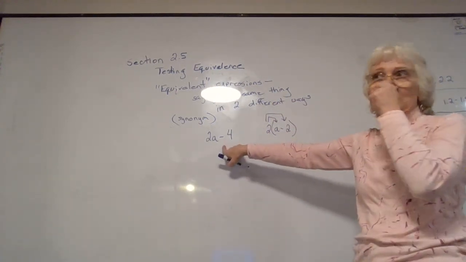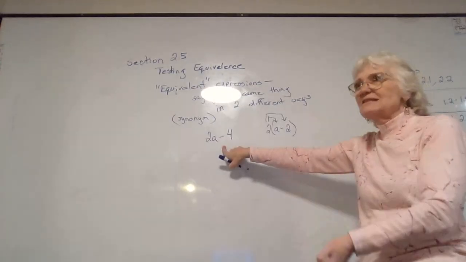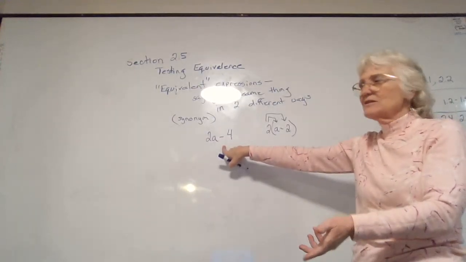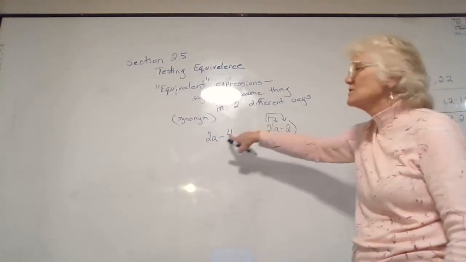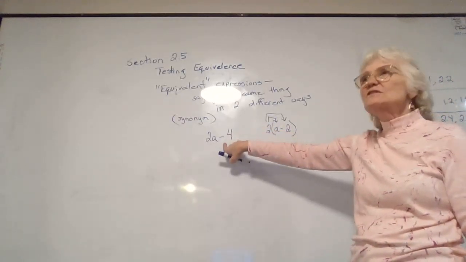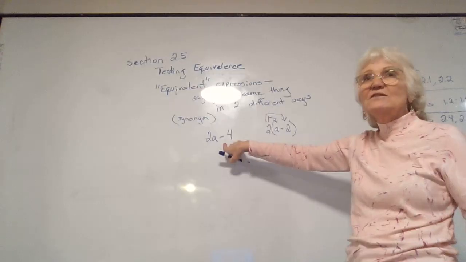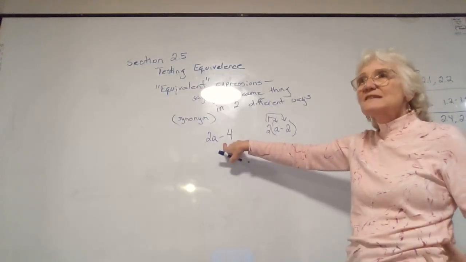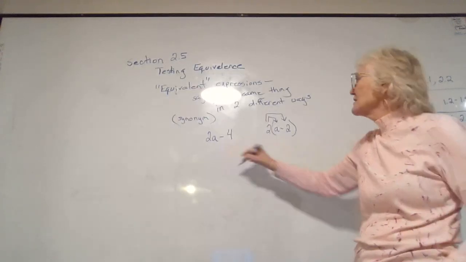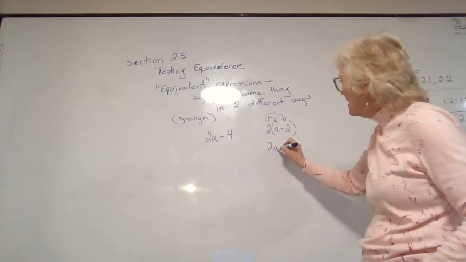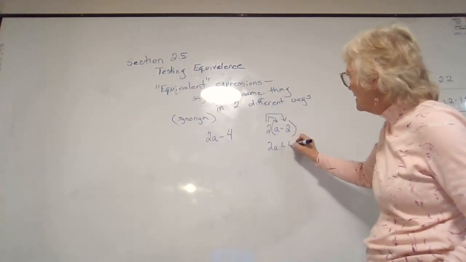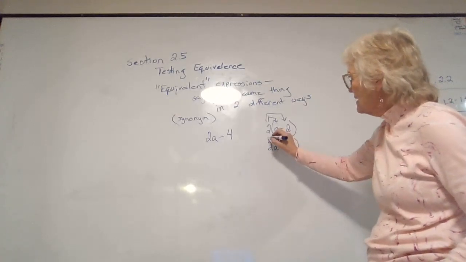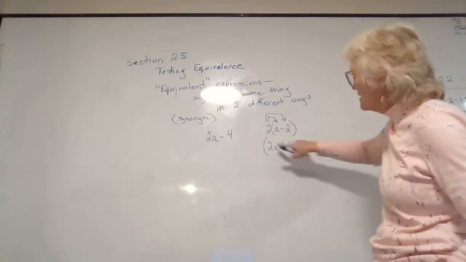That's one way of testing equivalence. Work it out to see if you can get the same expression. Can I make this expression like that, or can I make that expression like this? If you can do one or the other, and they are the same, then we know they're equivalent. But it doesn't look similar, because 2 times a minus 2 and 2 times a minus 4 is not the same thing.